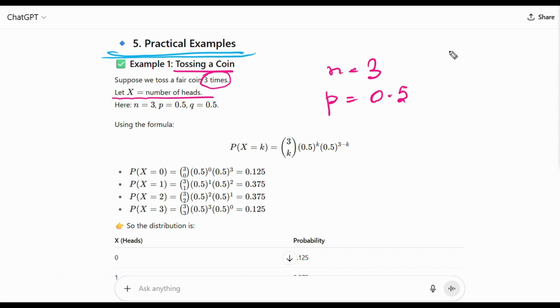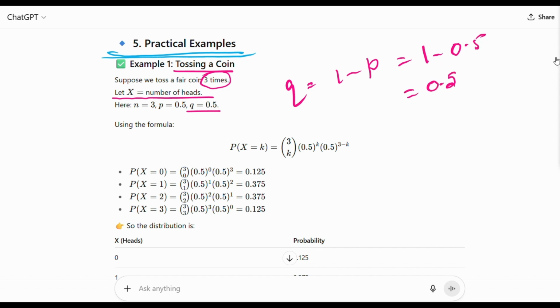Because if you toss a single coin, the chance of getting a head is 1, and the total number of opportunities, head and tail, is 2. This is the sample space. The total sample space is 2, so p is 1 by 2, equal to 0.5. And q is nothing but 1 minus p, that is 1 minus 0.5, which is again 0.5.